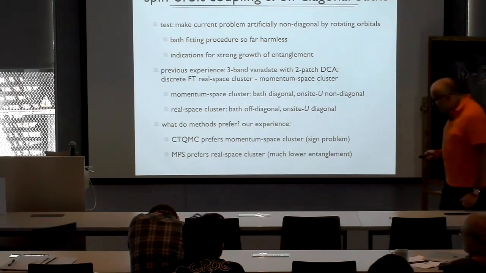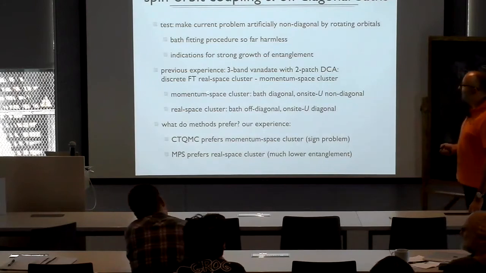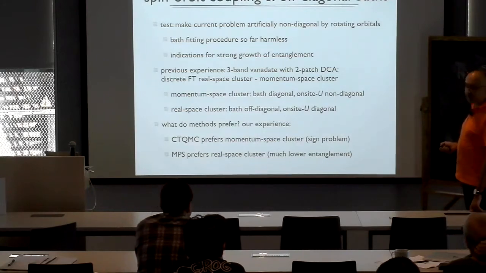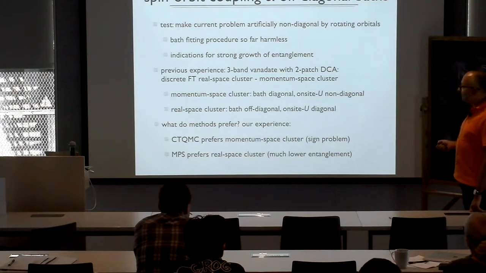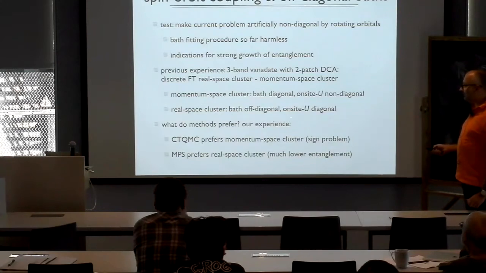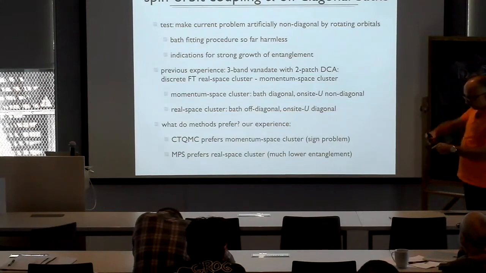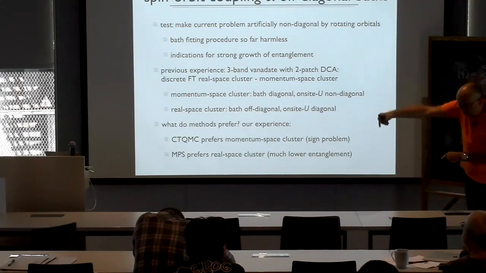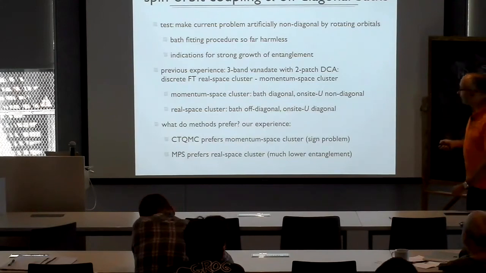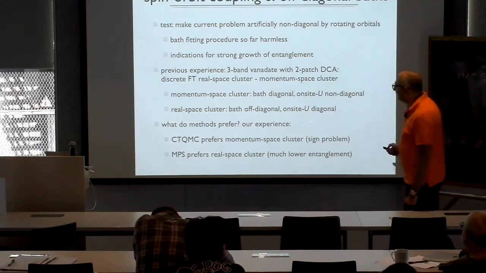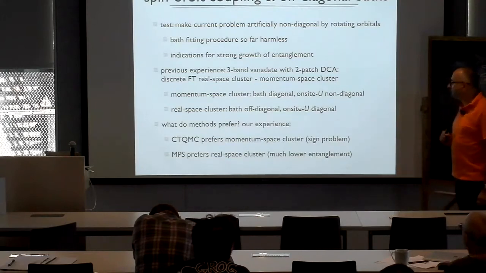And if you do that, what you find is that if you have the cluster in momentum space, like DCA, the bath is diagonal, but of course the on-site U becomes non-diagonal. If you do a real space cluster, then of course with two impurities the electron can hop away from one and back to the other, so the baths immediately become off-diagonal, but the on-site interaction U is diagonal.